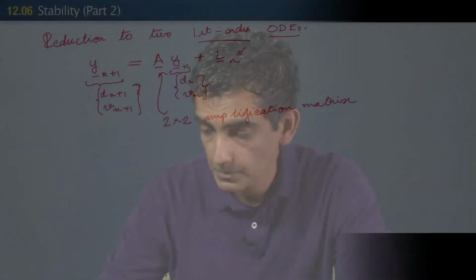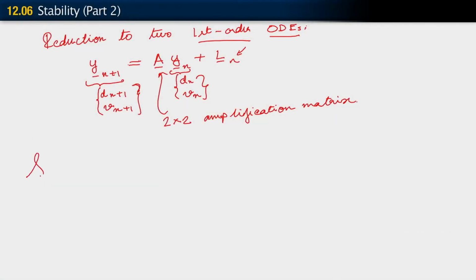I'm going to give you a summary of the stability results right now. Stability. If 2 beta is greater than or equal to gamma, which is greater than or equal to half, we have unconditional stability.